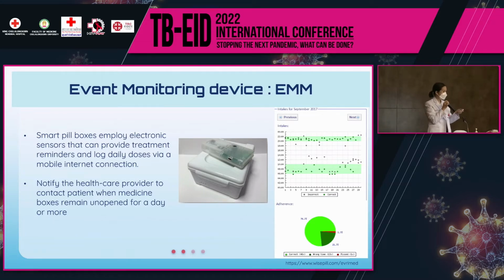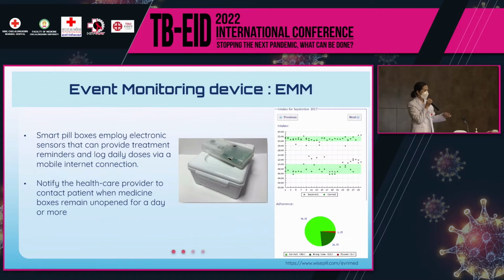So the right-hand side is the chart that summarizes the patient dosing. The dot means the time that the patient opened the box, and the gray and green line indicates that the patient opened the box on the time that they should open.